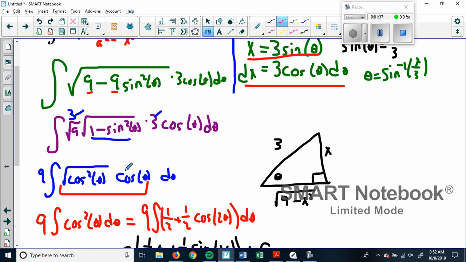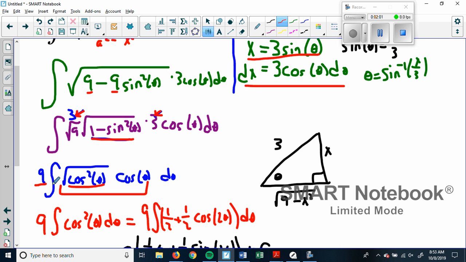Notice that the square root of 9 is 3. I'm going to take that 3 here and this 3 here. 3 times 3 is 9, and that becomes this 9 here. Now, 1 minus sine squared theta we know to be cosine squared theta.